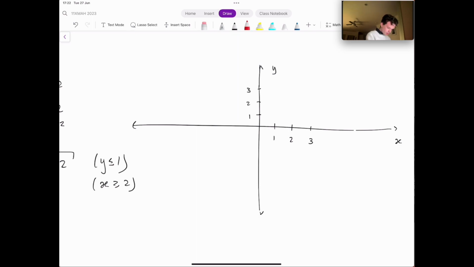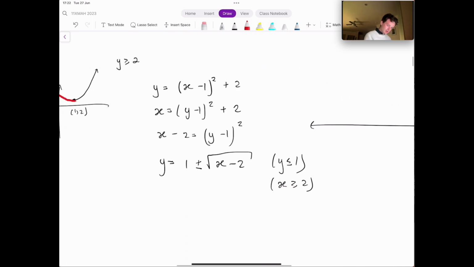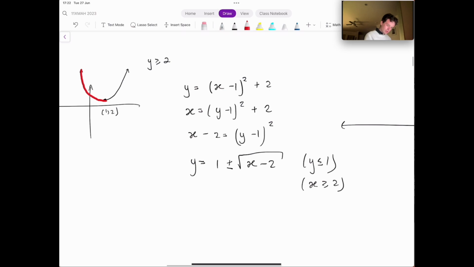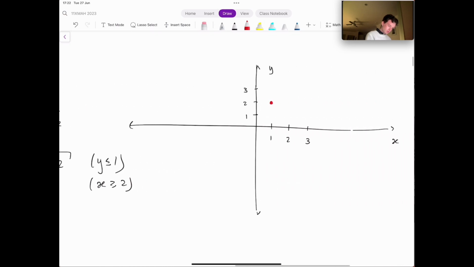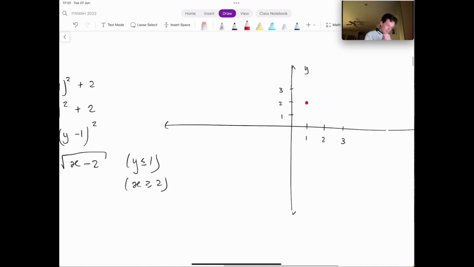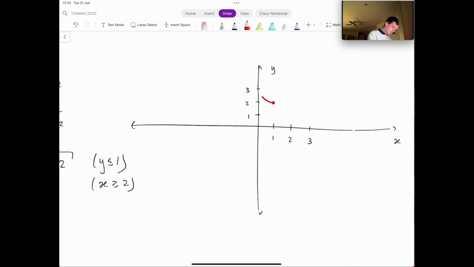So it's going to look like this. And then if we draw in the line y is equal to x, my inverse is going to look something like this. It's going to go through 3, like that.